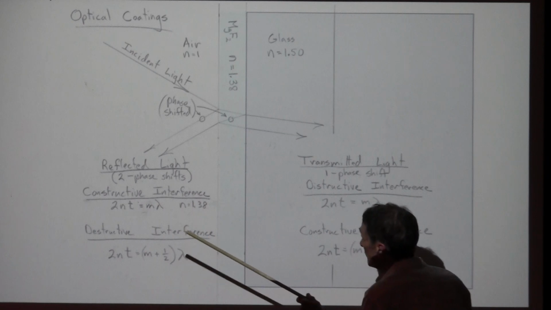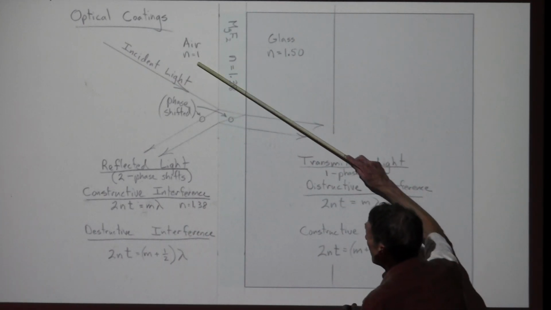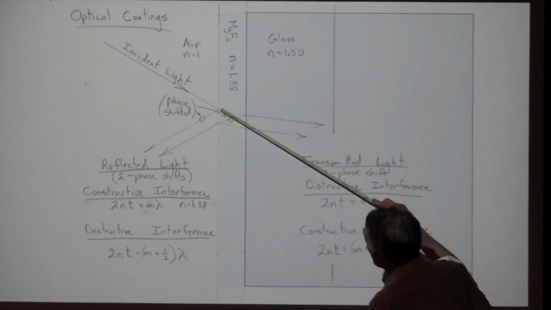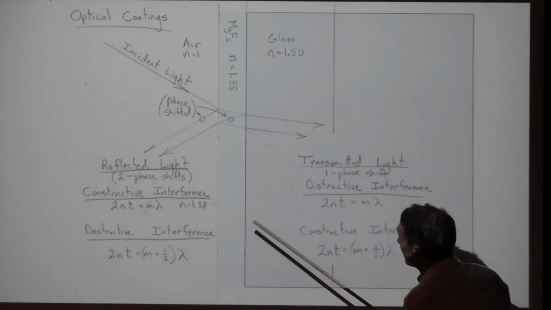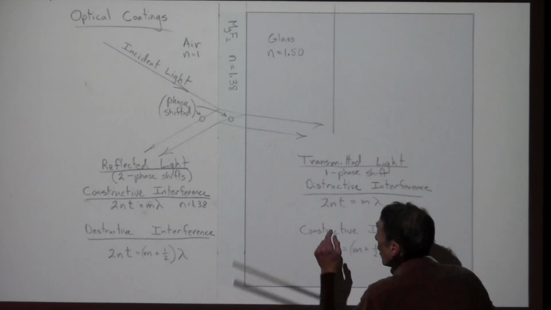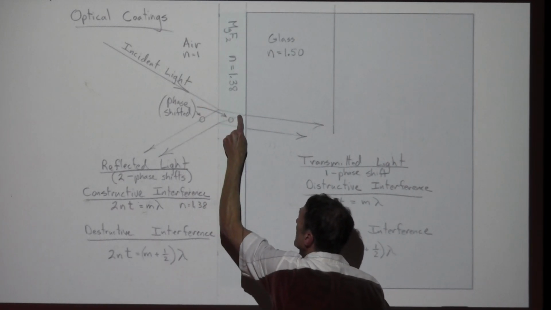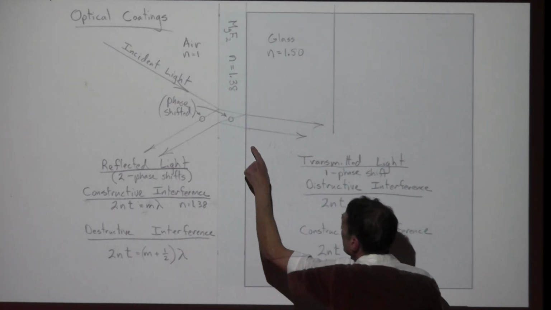If we do something like this, I bring the incident ray out here, it hits here, and it's going from a low index to a higher index. So there's going to be a phase shift on this reflected ray. I've got a circle indicating that. And then it's always transmitted in phase. So coming in, it goes in phase out to here, and then it's going to reflect off here.